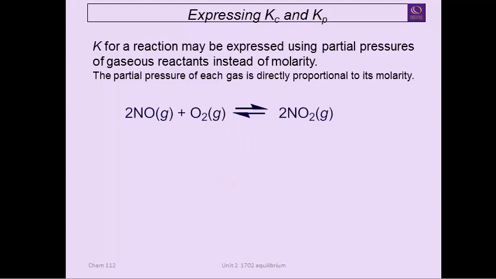They're related. So if I set it up by pressure, fairly straightforward. You go over here to products, just pressure raised to the second power, so it's the NO2 partial pressure, divided by the nitrogen monoxide partial pressure. That also has to be squared, times the oxygen partial pressure.